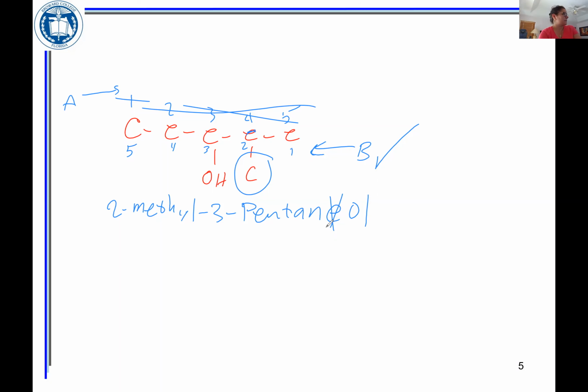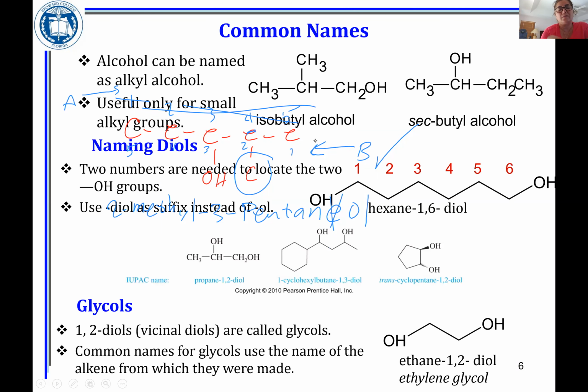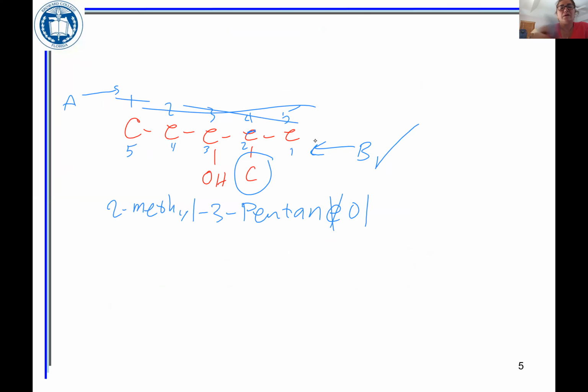Questions? No, the OH doesn't have to be first. You don't have to write it because that was the main carbon chain. That's part of the main carbon chain. So your main carbon chain is going to be the 5 carbon, including OH.